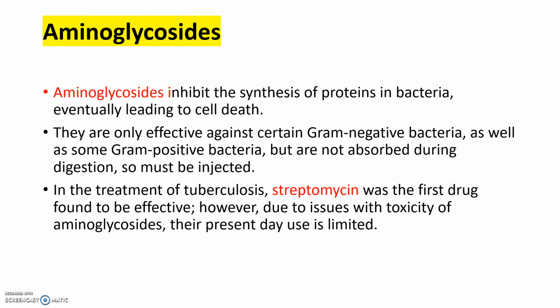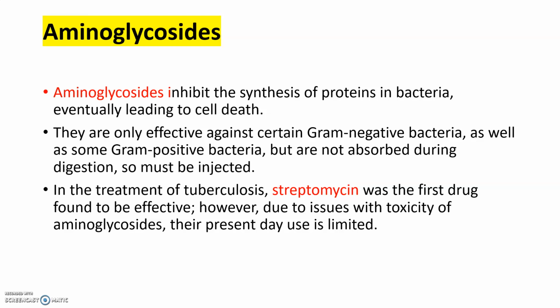Next is aminoglycosides. The main action of aminoglycosides is that they inhibit protein synthesis in bacteria, and this may lead to cell death. They are only effective against certain gram-negative bacteria as well as some gram-positive bacteria, but are not absorbed during digestion.